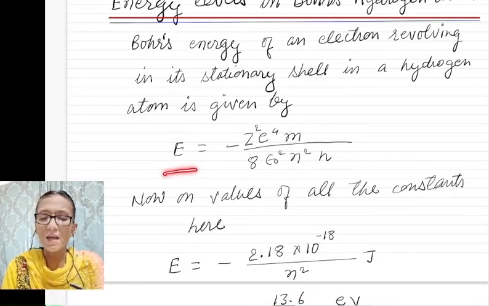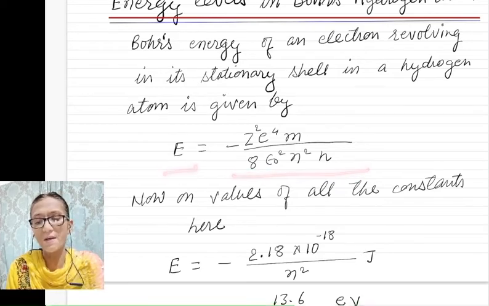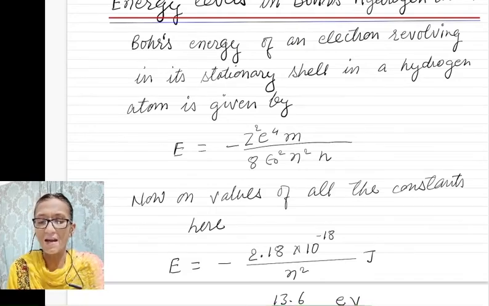According to him, energy of an electron in its stationary orbit is equal to minus Z square e to the power 4 m divided by 8 epsilon naught square n square h square.